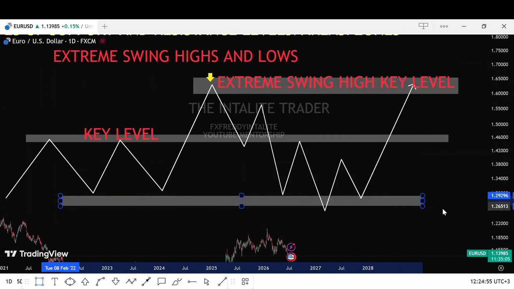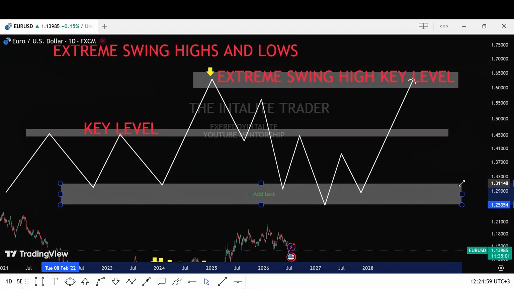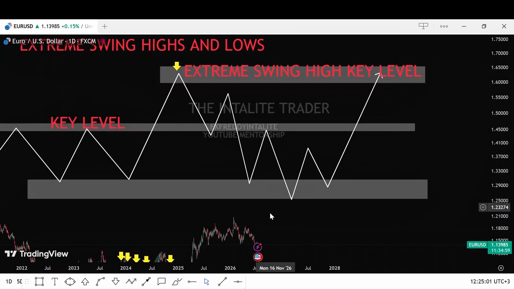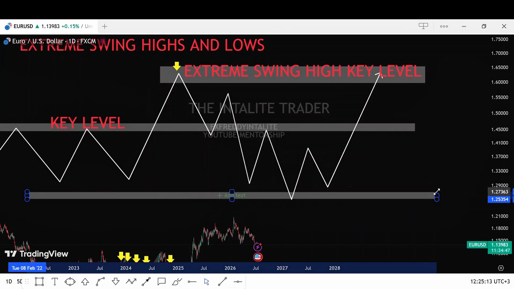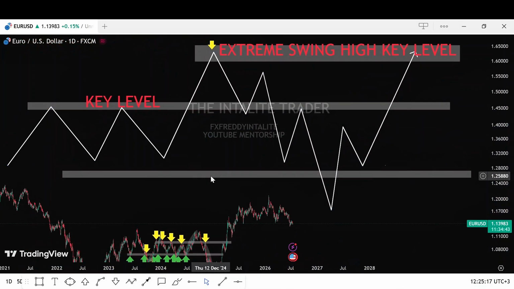So the same thing applies to these ones here, these will be our extreme swing low levels. This is extreme swing low. Let's say price did this here.